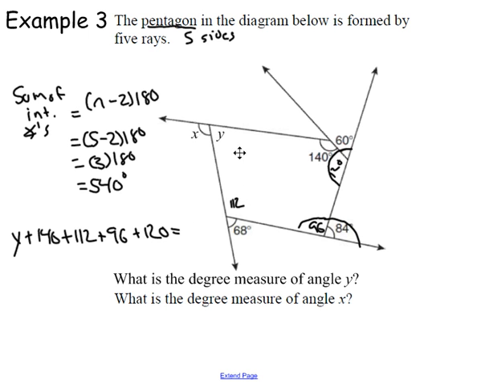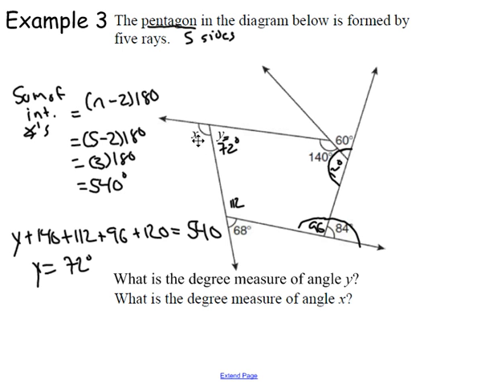We know that all these interior angles have to add up to 540. So when you solve for y, you get y equals 72. So y is equal to 72.